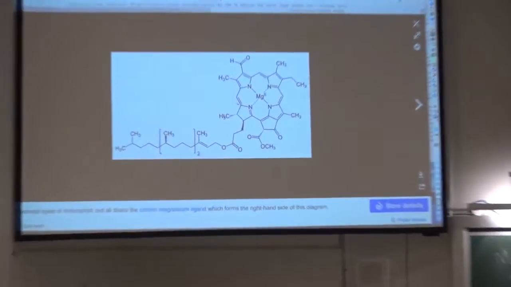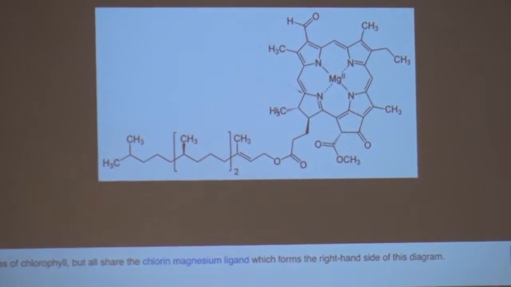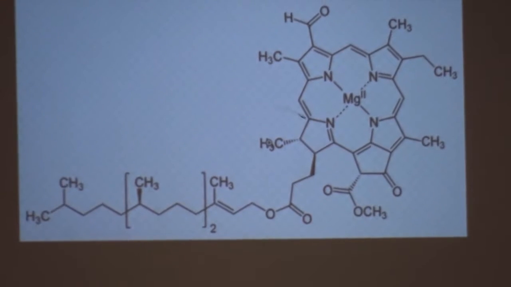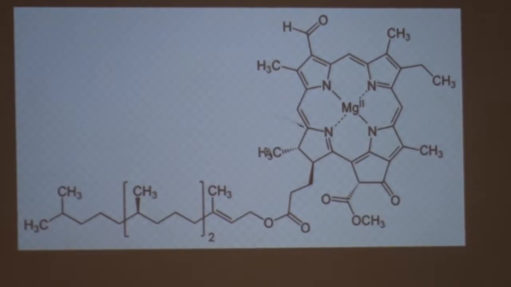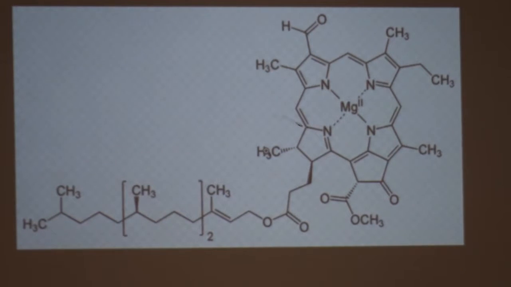And I tried to sell this to you by pointing out that biochemistry uses complexes throughout living systems. I introduced that on Wednesday by pointing out the molecule hemoglobin, which is the molecule that carries oxygen in the blood. Well, we can go from the animal world to the plant world. This is chlorophyll.